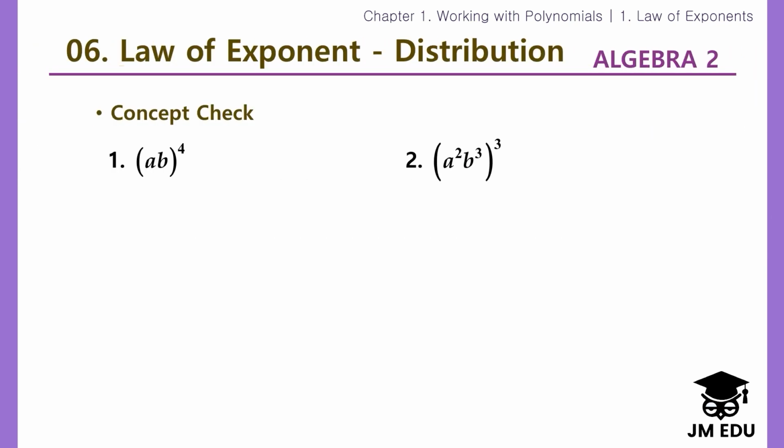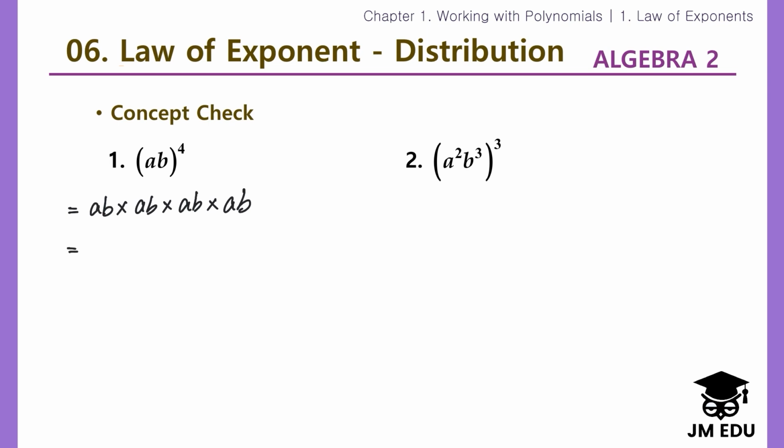In this concept check, I'm going to show you why we can distribute this exponent to the exponents inside of this expression right here. For number 1, we have (AB) to the power of 4, right? So that is equal to AB times AB times AB times AB, right? 4 ABs are multiplied together.